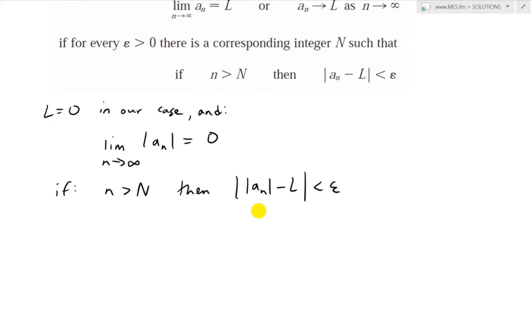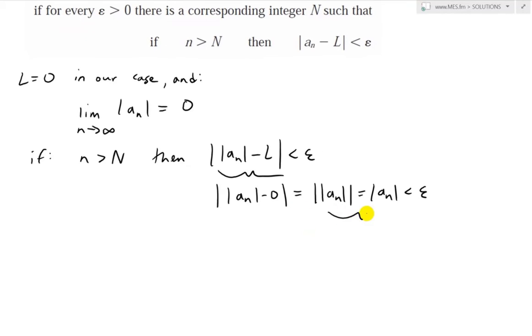This becomes the absolute value of a_n minus 0, so the 0 just goes away, which equals the absolute value of a_n. This is the same thing as writing a_n with the absolute value sign removed, less than epsilon.